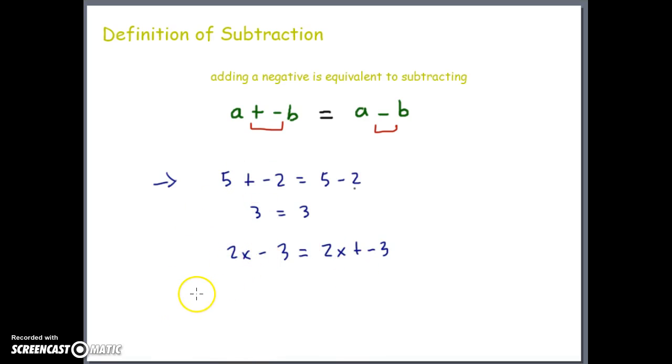And a non-example of this would be 2x minus a negative 3 does not equal 2x minus 3. These do not equal each other. They are not the same thing. You cannot take a double negative and condense it to just subtraction. Double negatives are not subtraction. Just a plus and a negative is.